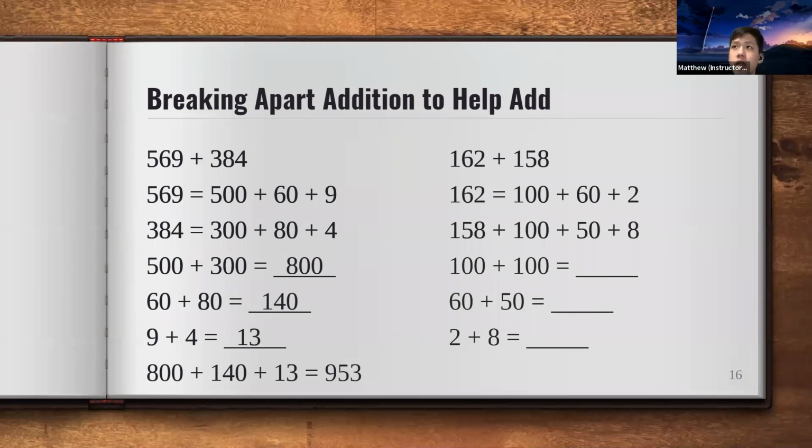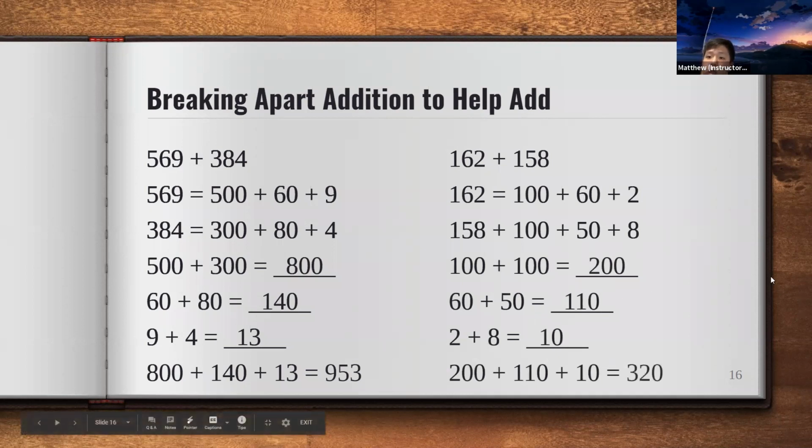So, what is 162 plus 158? 100 plus 100 is 200, plus 110 plus 10. That's just 320.